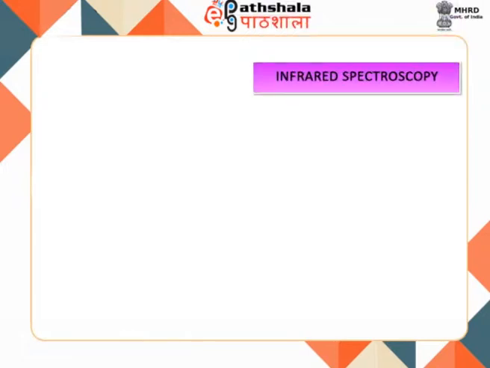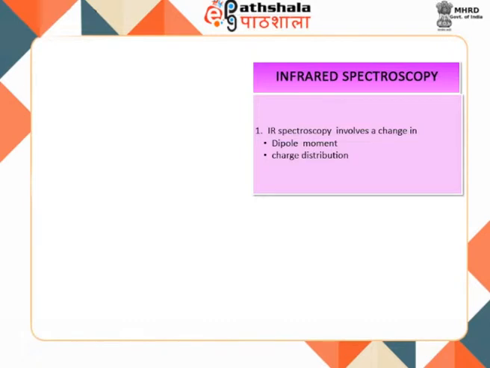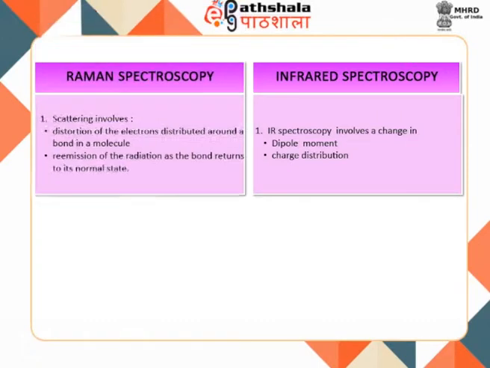Infrared absorption requires that a vibrational mode of the molecule have a change in dipole moment or charge distribution associated with it. In contrast, scattering involves a momentary distortion of the electrons distributed around a bond in a molecule, followed by re-emission of the radiation as the bond returns to its normal state.